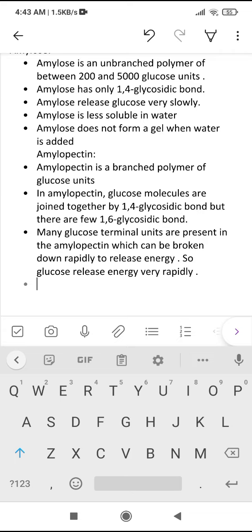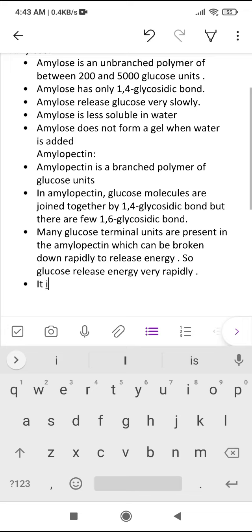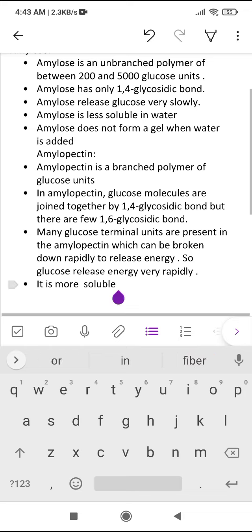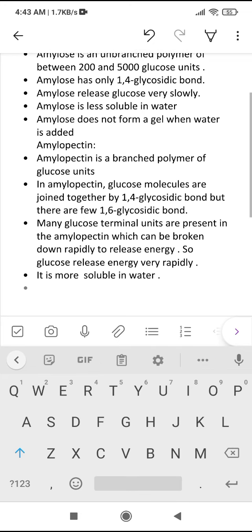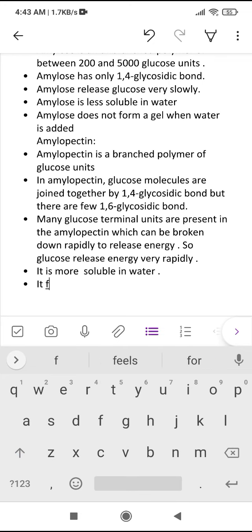Then it is more soluble in water. So amylopectin is more soluble in water. Number five, it forms a gel when water is added.